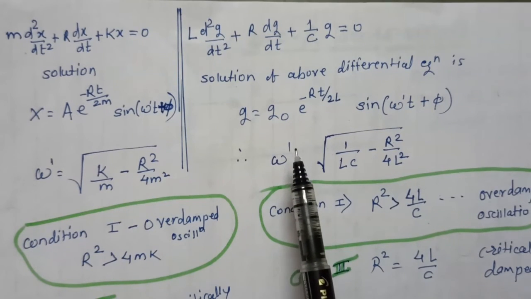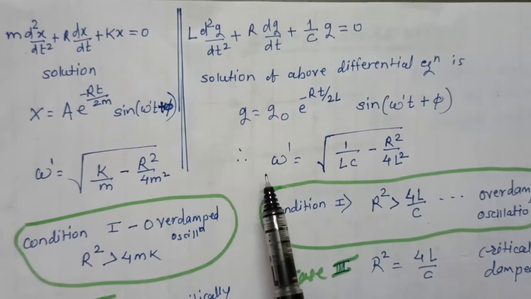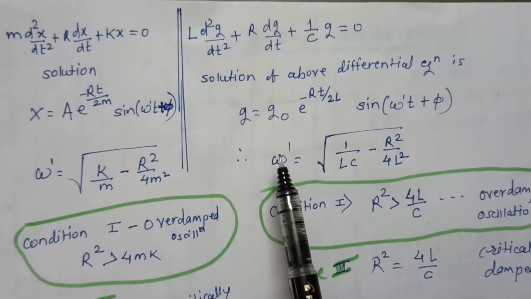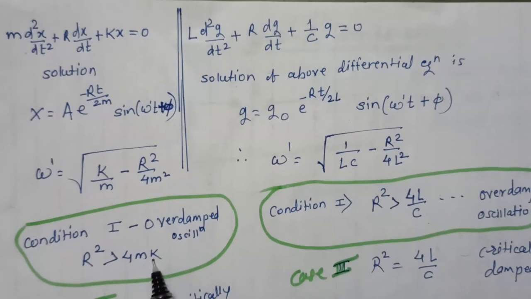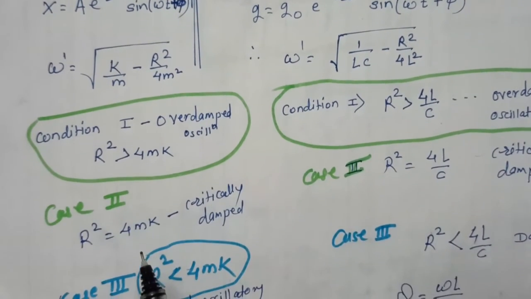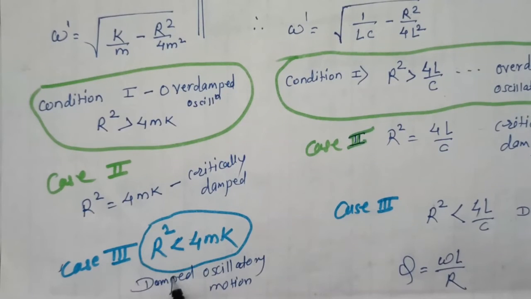There are 3 cases or 3 conditions. First condition is r square is greater than 4mk. Second condition, r square is equal to 4mk. And third condition is r square is less than 4mk. These are the 3 conditions.